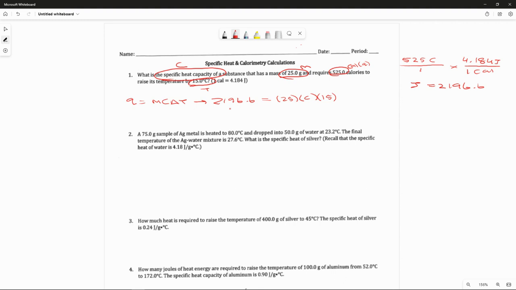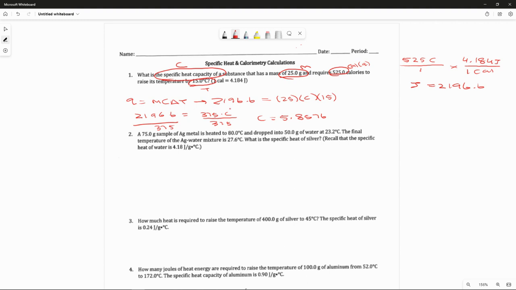And so using this equation that we set up, it's going to be 2196.6 equals 375 times C. And so when we divide by 375 on both sides, we're going to get a value of C, which is going to turn out to 5.8576.